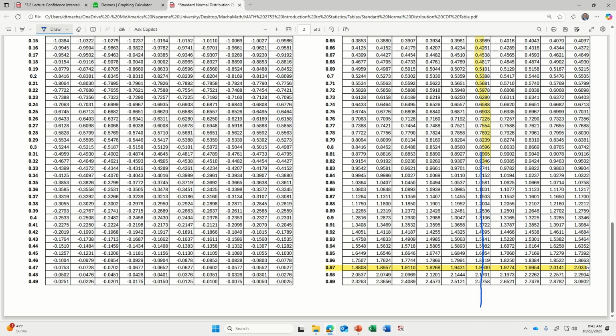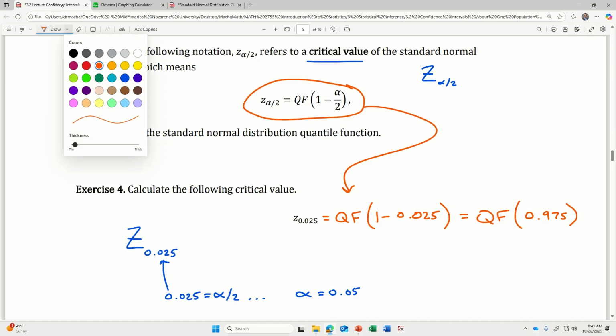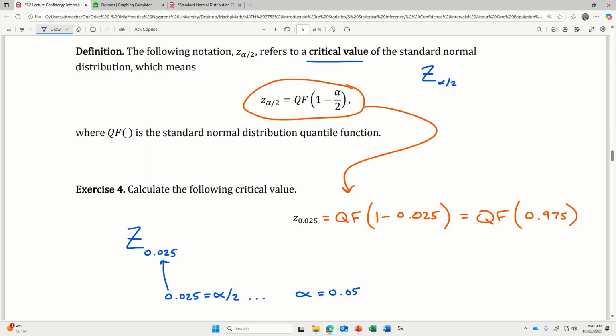So the number I'm looking up is 1.96. So this critical value is 1.96.